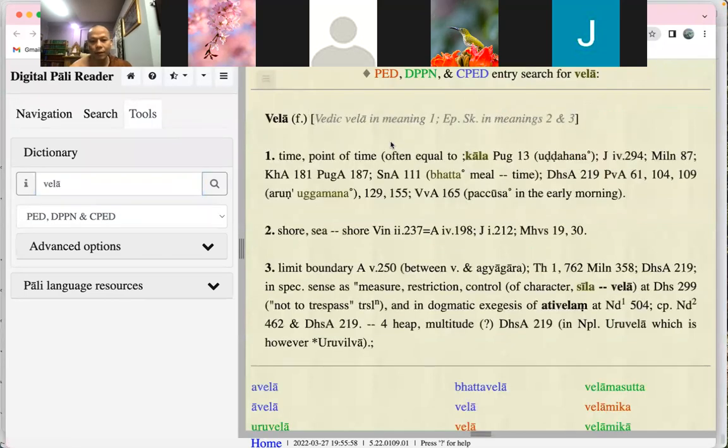So Wela means time or a point of time. The other meaning is the shore, sea or bank, and also a limit, boundary or something like that. Okay, based on the content we can understand.